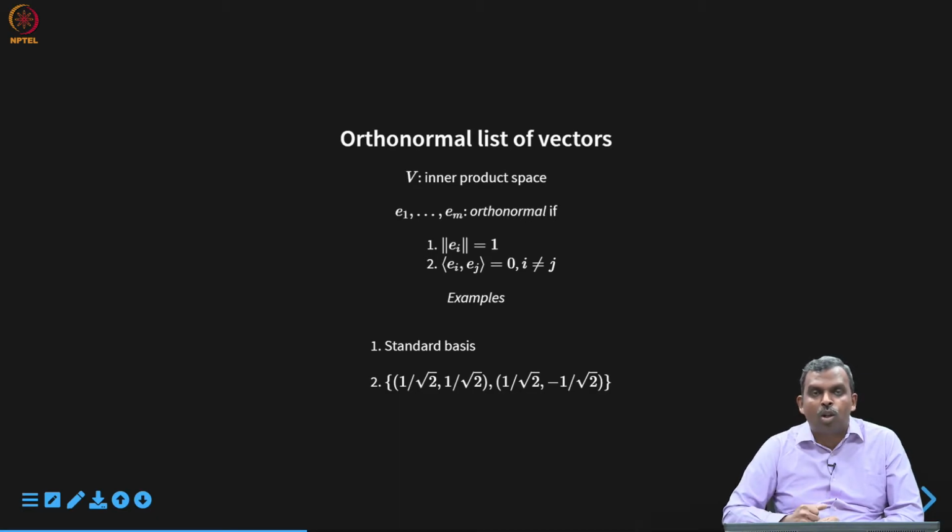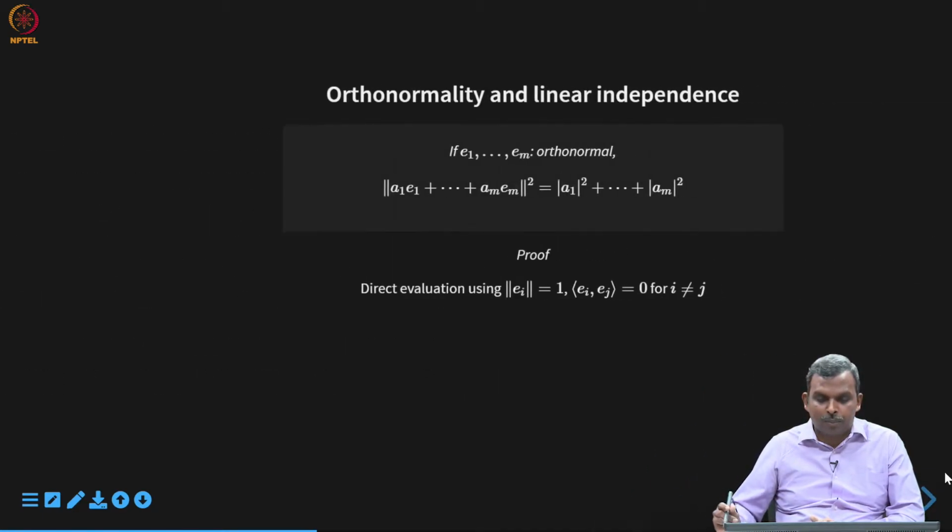This satisfies all the conditions that we have. Each vector is unit norm, and I'm thinking of the 2-norm here, the Euclidean 2-norm. So it has unit norm and the dot product is 0. The familiar dot product is what I'm using. So this is orthonormality.